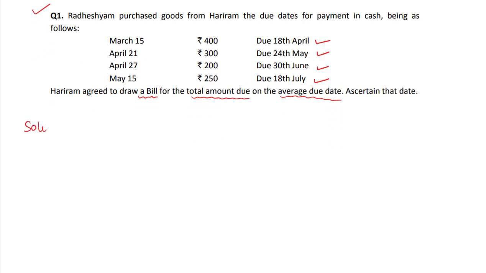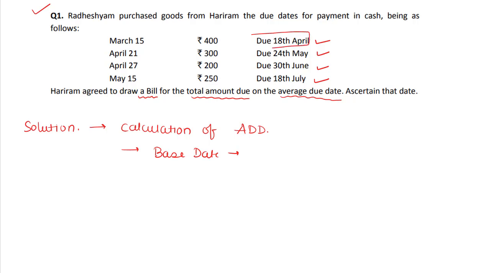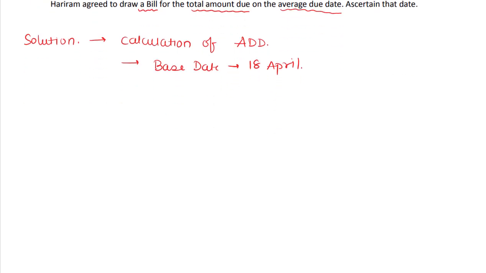Solution. Calculation of average due date. Select the base date first. We are taking the first date as base date. 18th April is the base date.